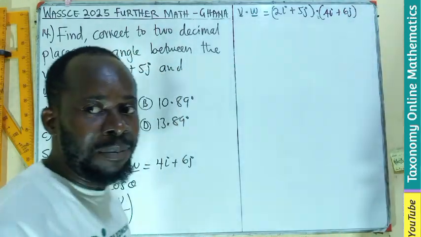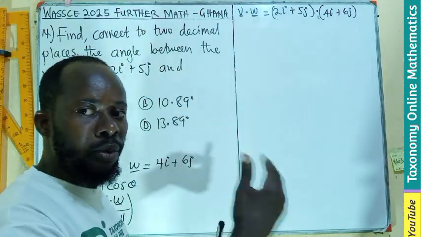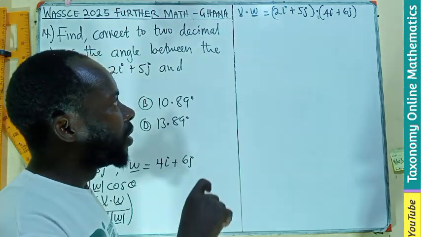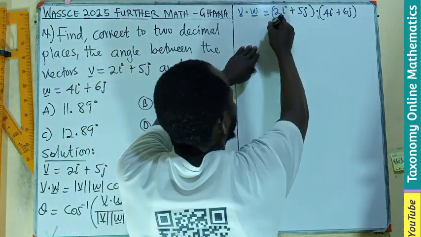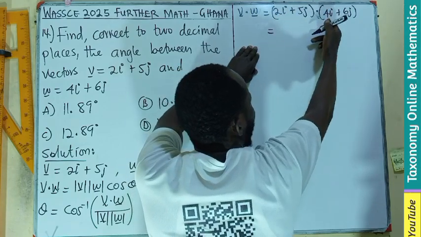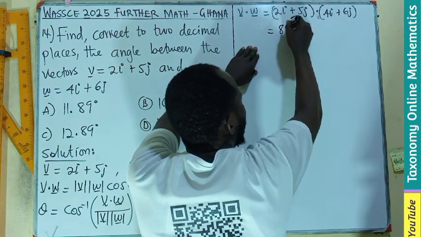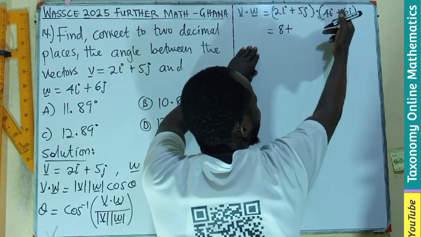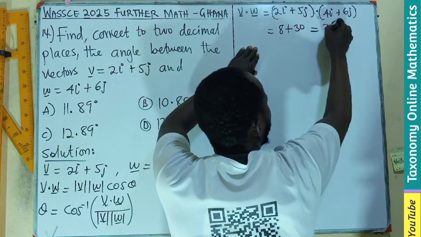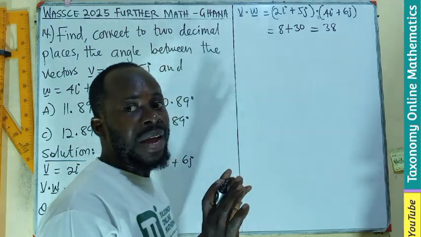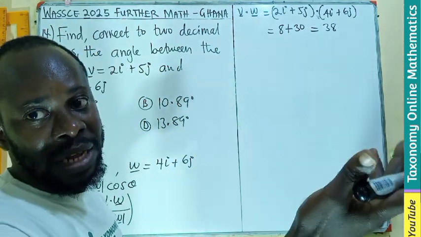Because of space and time, I'm going to multiply the x components together without showing the multiplication, then the y components together. So 2 times 4 gives me 8, plus 5 times 6, that gives me 30. That will give me 38. So I'm done with the dot product.